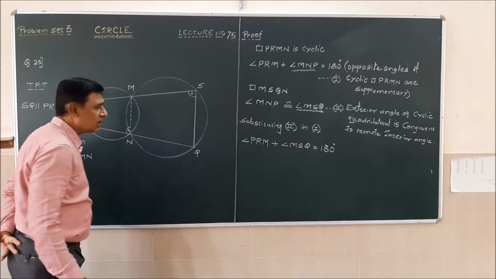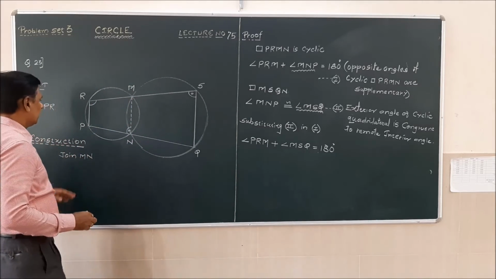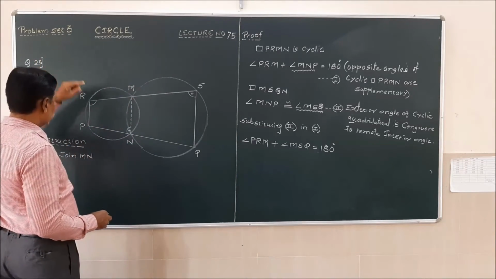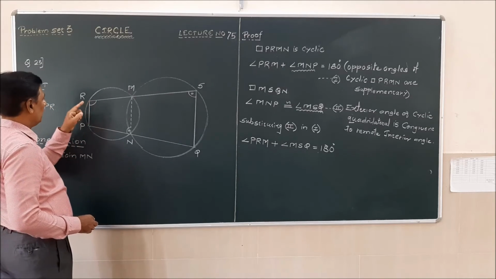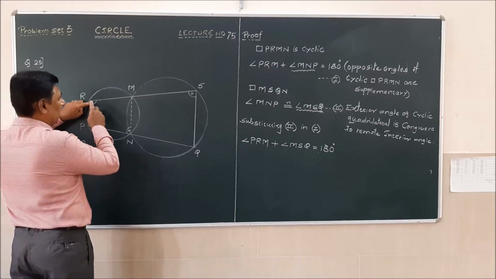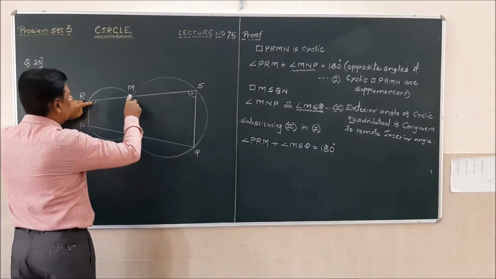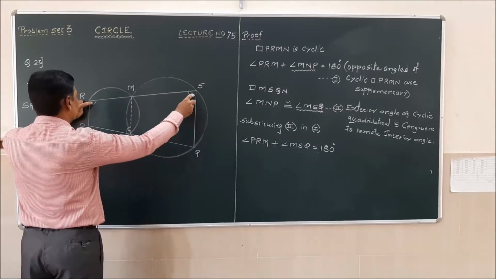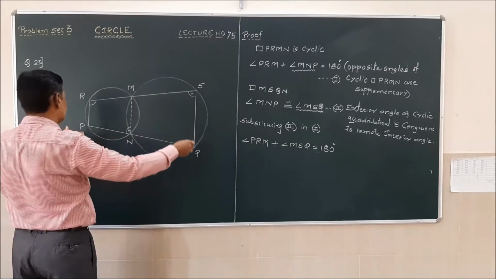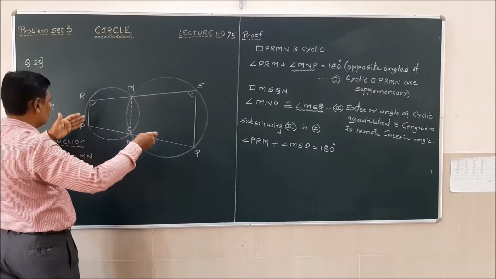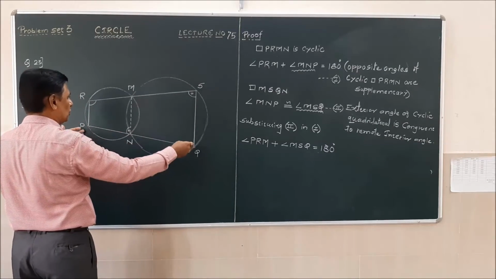Now please have a look at the figure. You will find I got angle PRM, this angle, plus this angle, angle MSQ. What is the relation of these two angles with respect to PR and SQ?